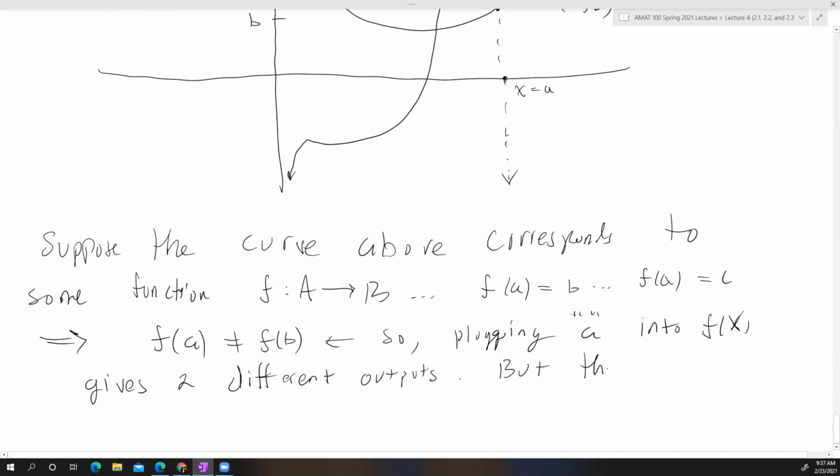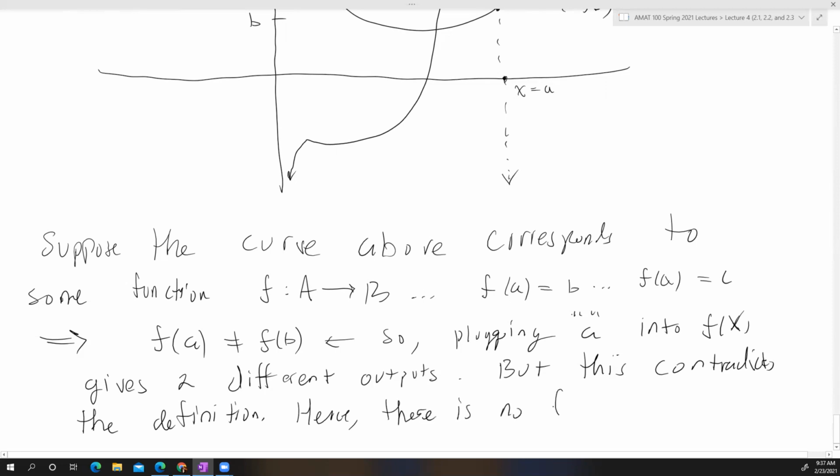But this contradicts what it means for f to be a function. So this contradicts the definition of a function. Hence, there is no function which corresponds to the above curve.